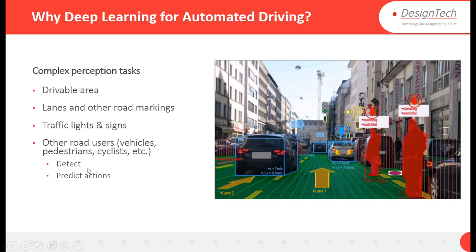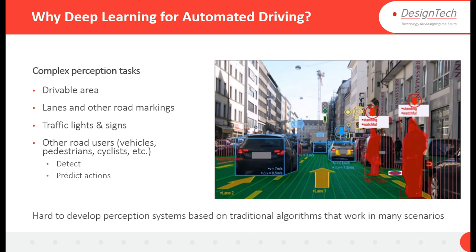Other road users, vehicles, pedestrians, cyclists, in a single deep learning model we can track everything. It is hard to develop this kind of thing from traditional algorithms. If you are using mathematical equations, it will take years to design the complete perception.